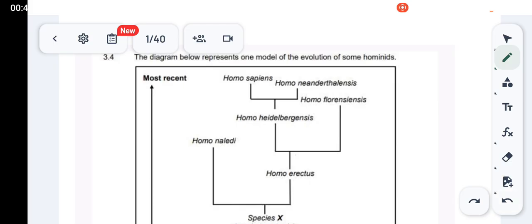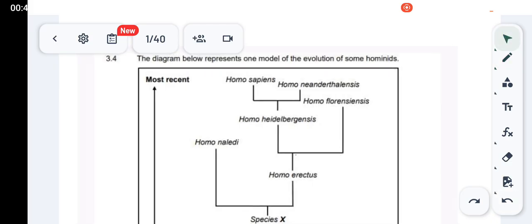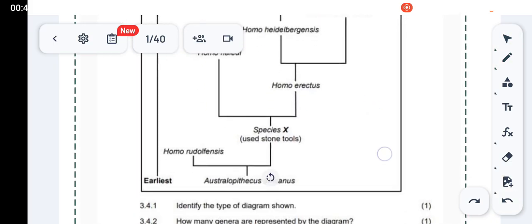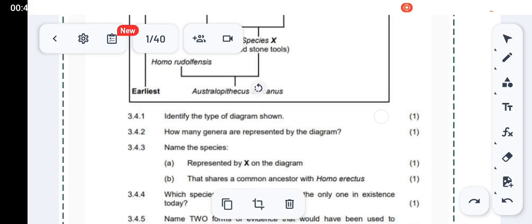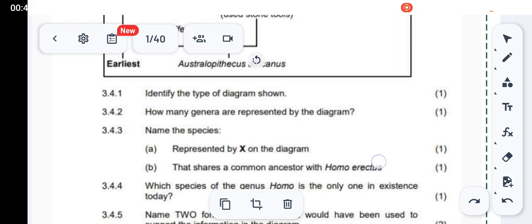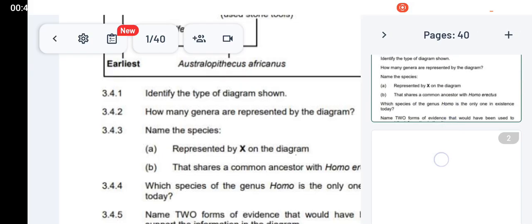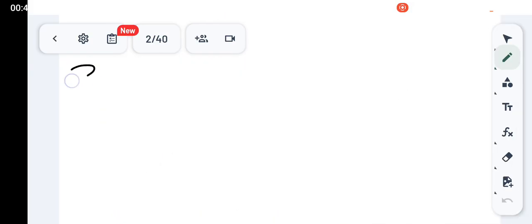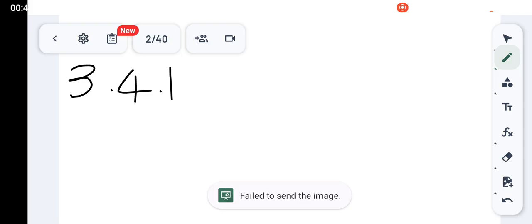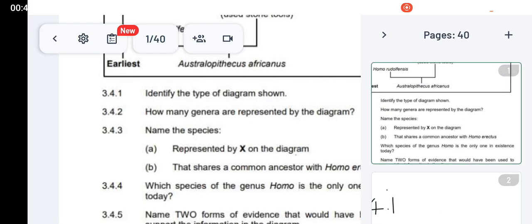With a phylogenetic tree, let us take a look at the questions that they can ask us. So 3.4.1, identify the type of diagram shown. You need to be able to define phylogenetic diagram again, as I said, that is the evolutionary relationship between the ancestors and their descendants. That's very simple.